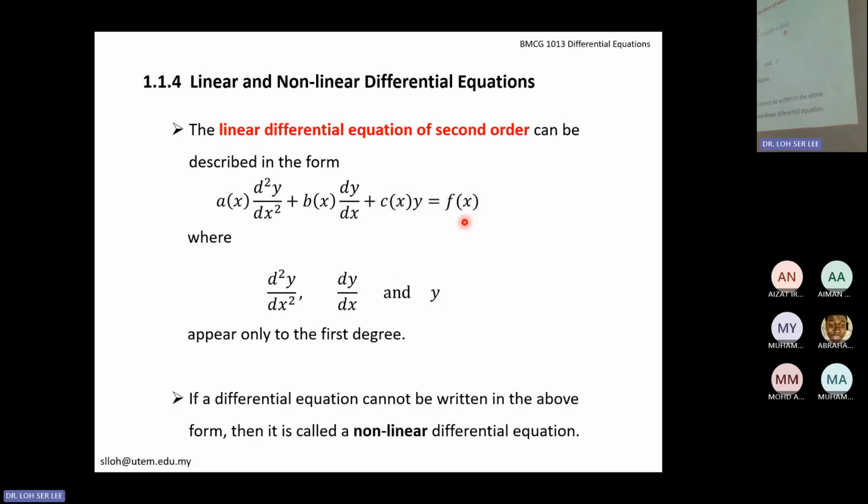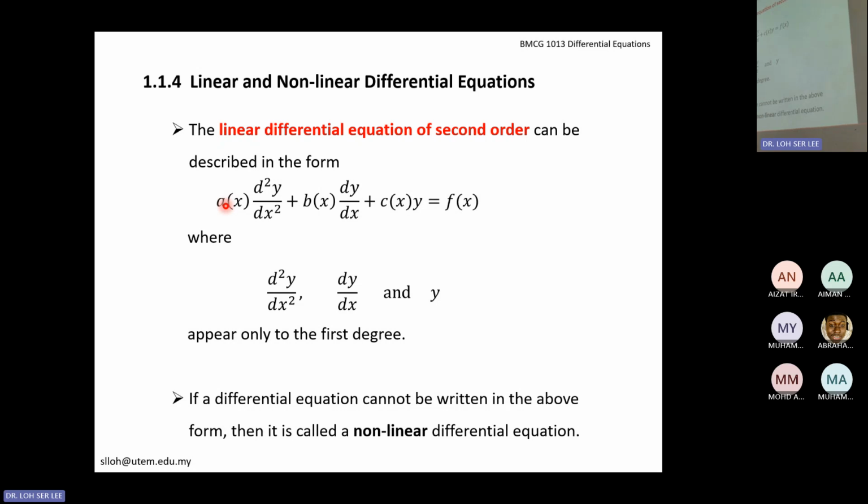The right-hand side function is free from the dependent variable, right? Here you see the y. The terms without y, we put at the right-hand side. So the coefficient functions and also the right-hand side function, which have nothing to do with the dependent variable, all of them must be functions of the independent variable.